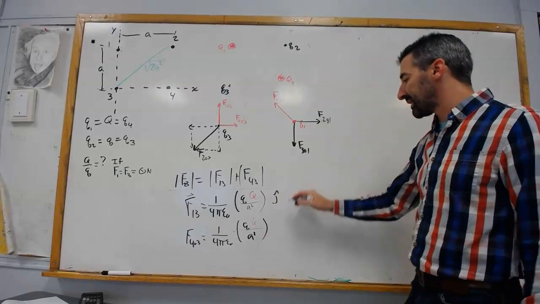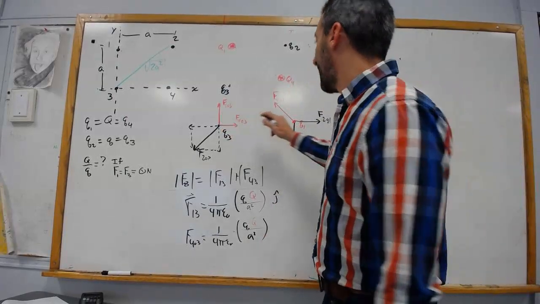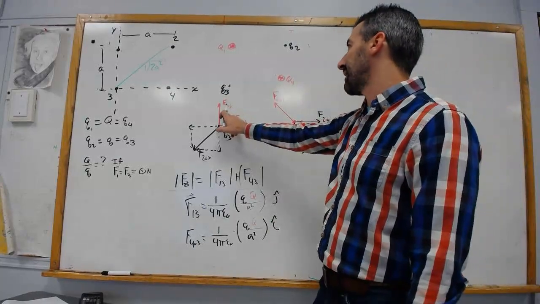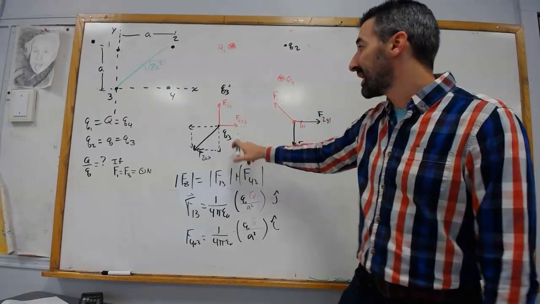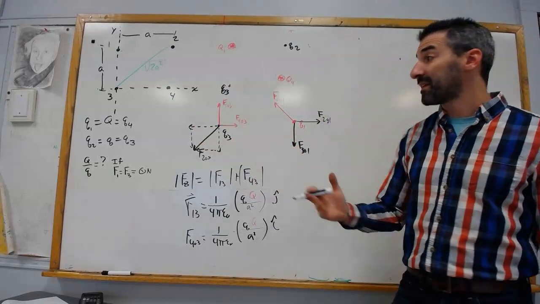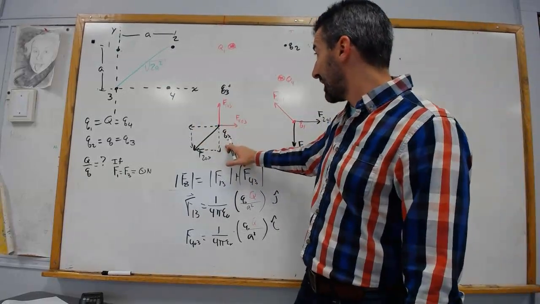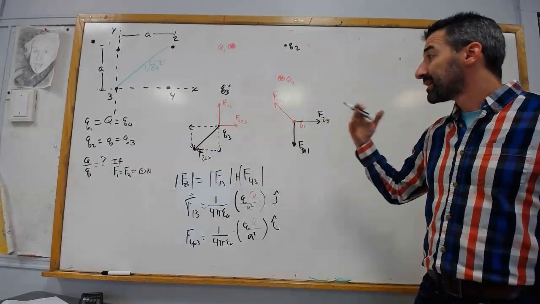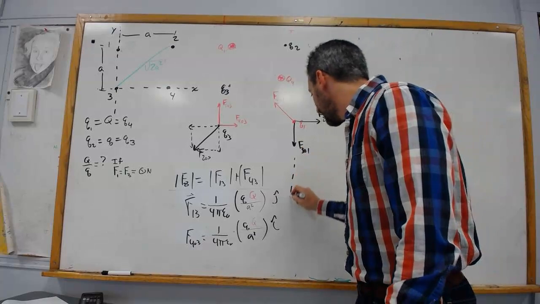And that is my force in the positive i hat direction. So I've got the force in the positive y, I've got the force in the positive x. And now if I look at the components that I have here, it makes sense that I've got a negative to cancel that out, and I've got the negative to cancel that out. That's perfect.